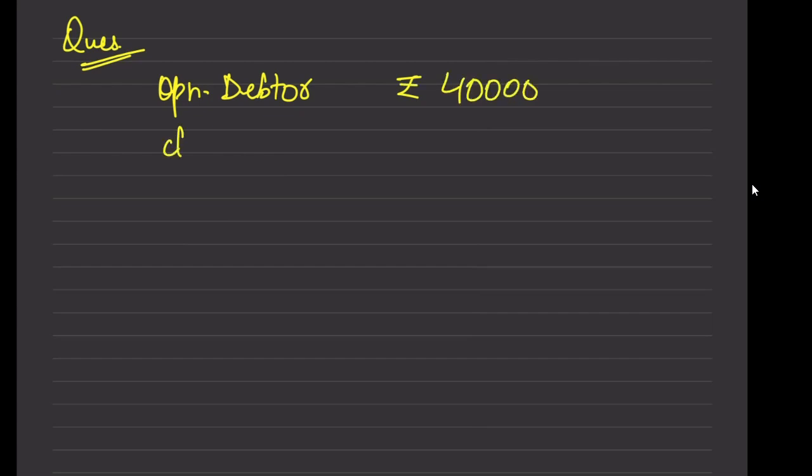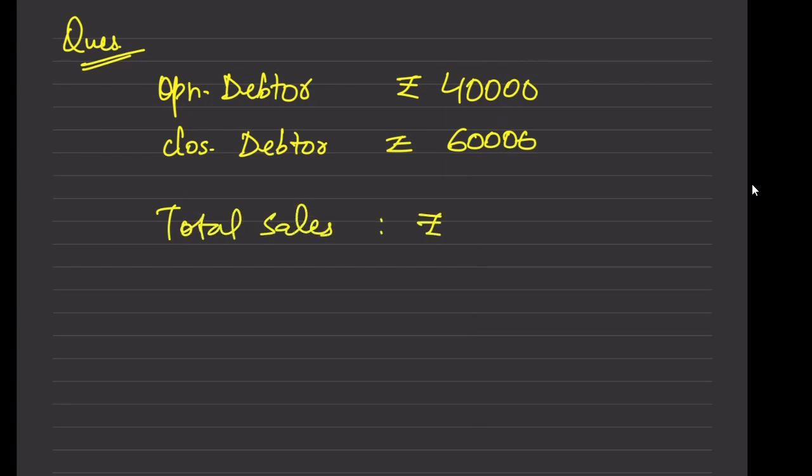Everyone, just write this. Opening debtors rupees 40,000. Closing debtors rupees 60,000. Total sales rupees 7 lakhs.